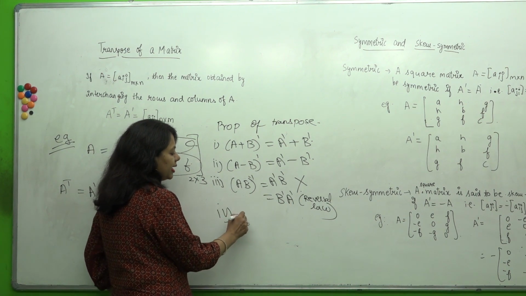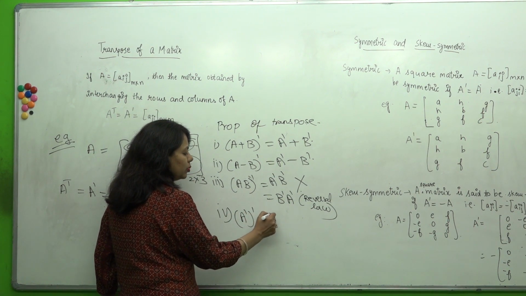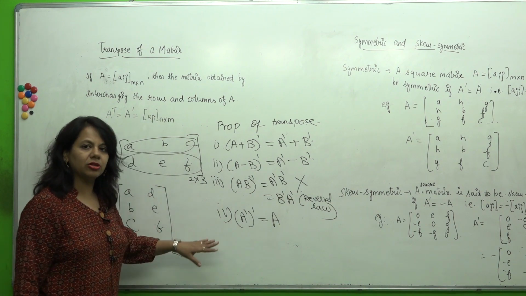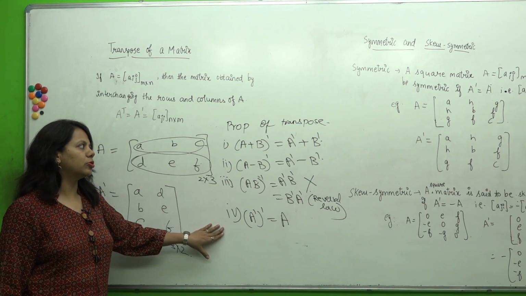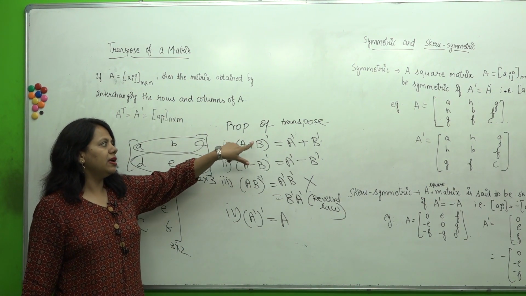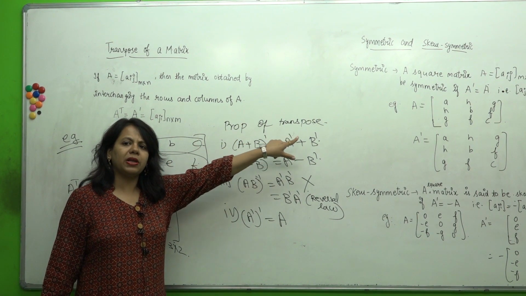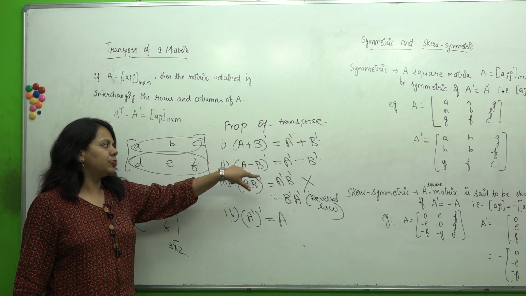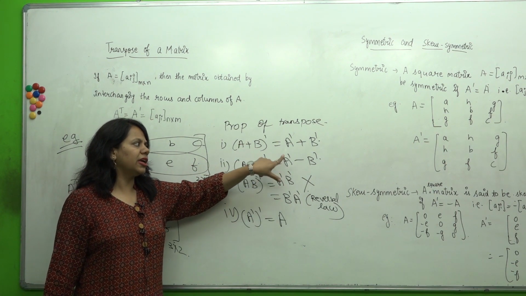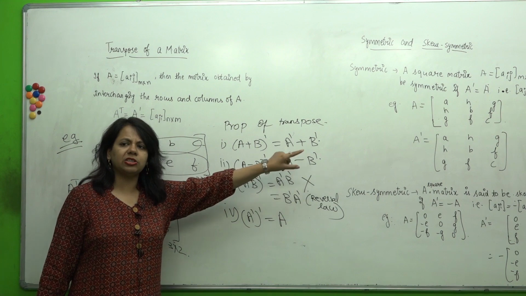Then we have (A dash) whole dash would give me what? The A matrix back, the original matrix back. So please do remember, (A plus B) whole transpose gives me A dash plus B dash. (A minus B) whole transpose gives me A transpose minus B transpose.